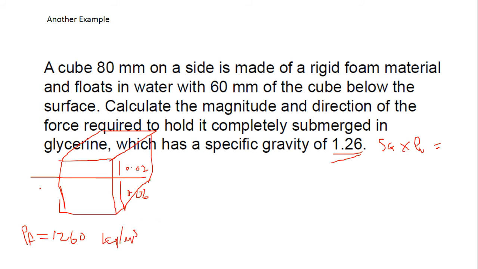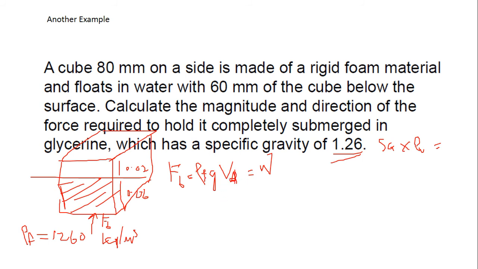So you have your rho, you have your G constant, and you have your V displacement, yang submerge. This will give you the FB, equal to rho of the fluid times G times V displacement, and this is equal to your weight kan. Betul tak?